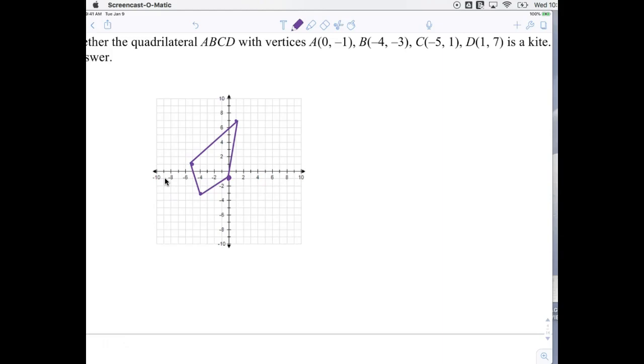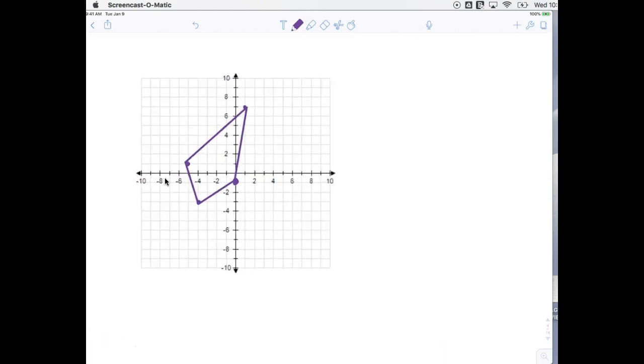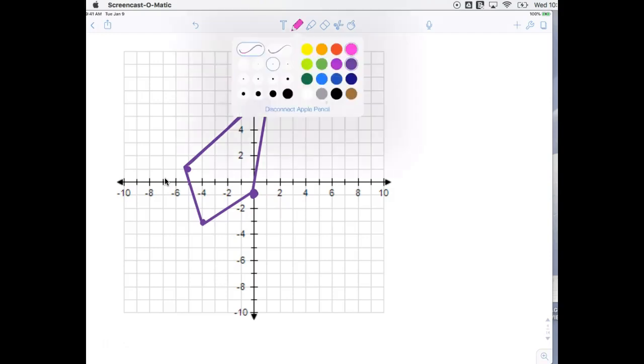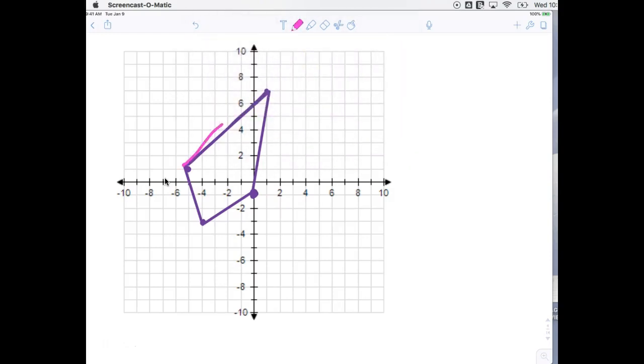Kind of looks good, but maybe not. You with me? So I'm trying to find what? I'm trying to find this distance right here. Trying to find this distance, you agree? So I went up 1, 2, 3, 4, 5, 6. 1, 2, 3, 4, 5, 6, right?